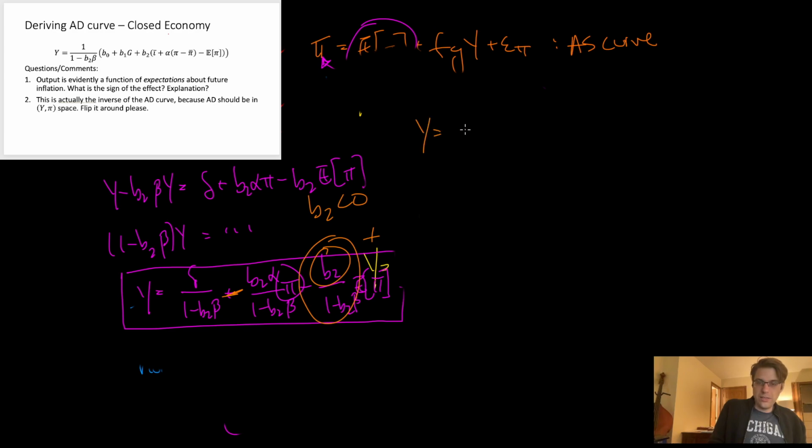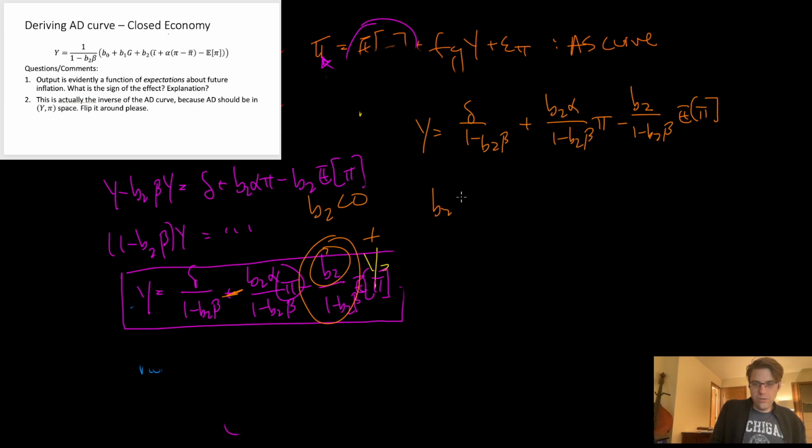What we have is y is equal to delta over 1 minus b2 beta plus b2 alpha over 1 minus b2 beta pi minus b2 over 1 minus b2 beta expectation of pi. And since we already gathered terms up nicely, it's really easy to just flip-flop, right? So we're going to get, we want this to be positive, so let's bring all this stuff to the other side.